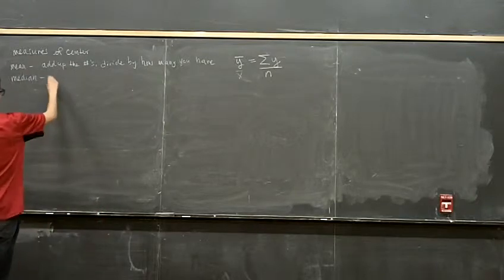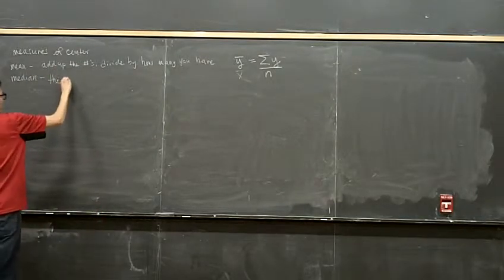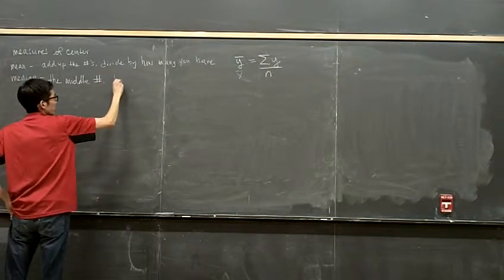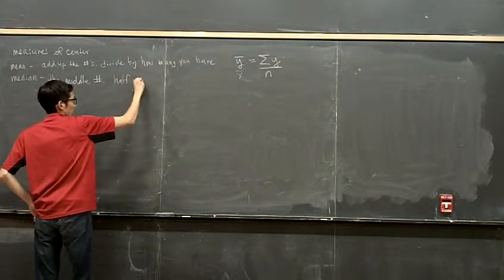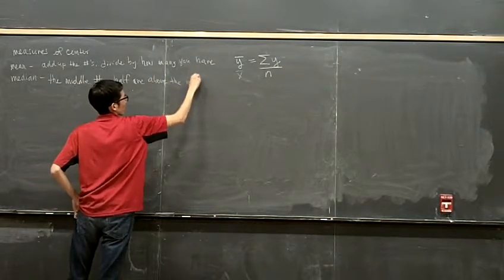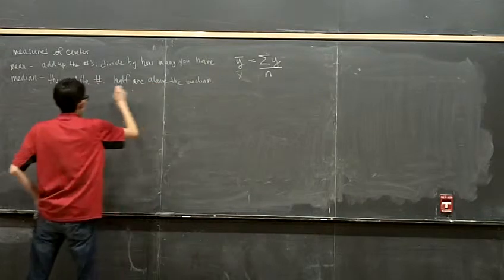The median is the middle number. Half of the points are above the median, and half are below the median.